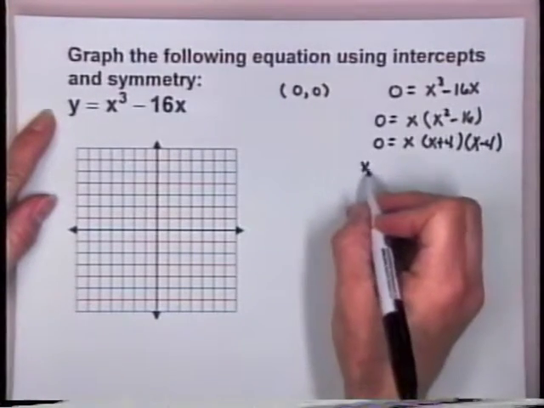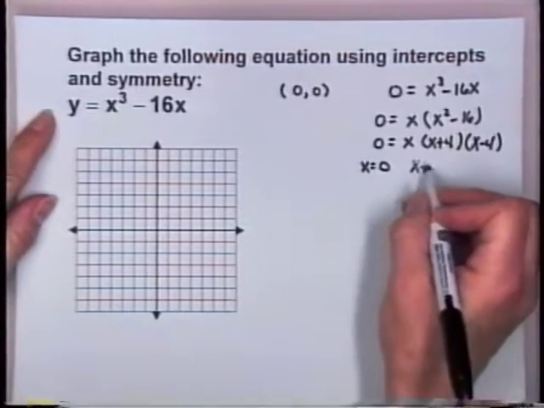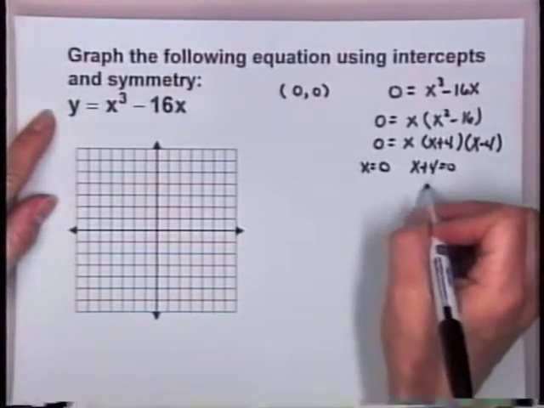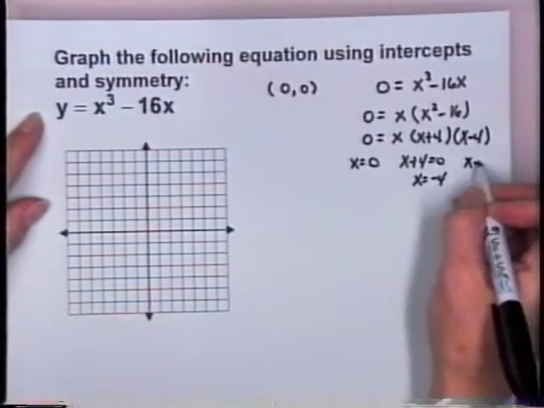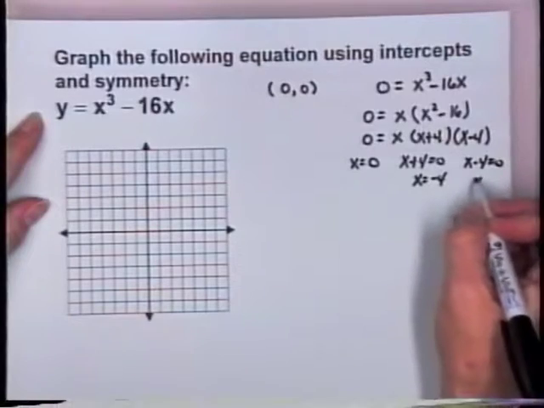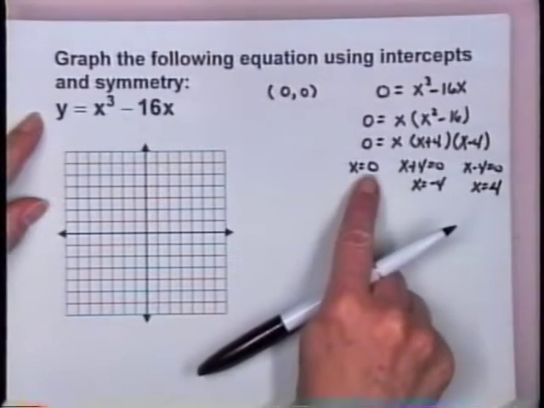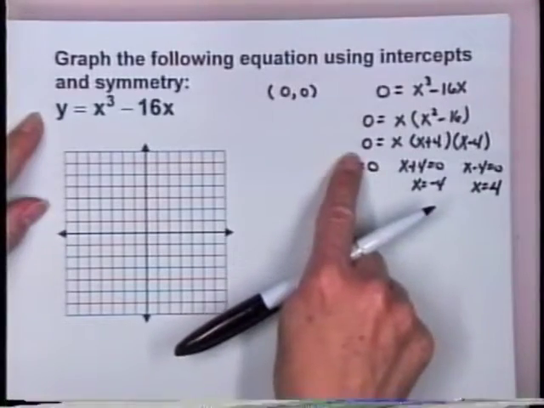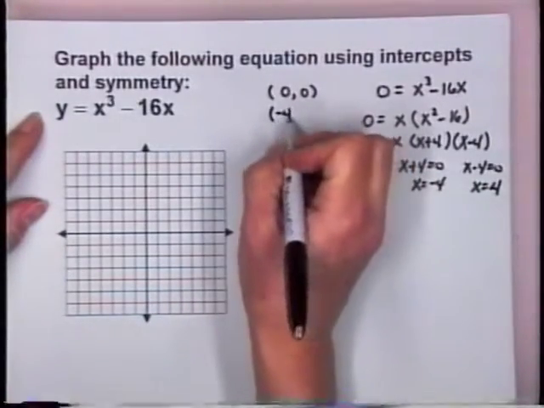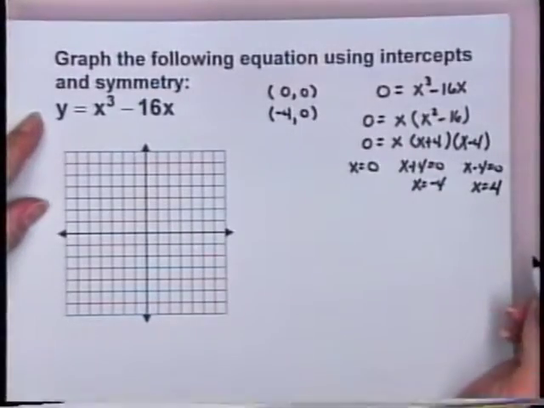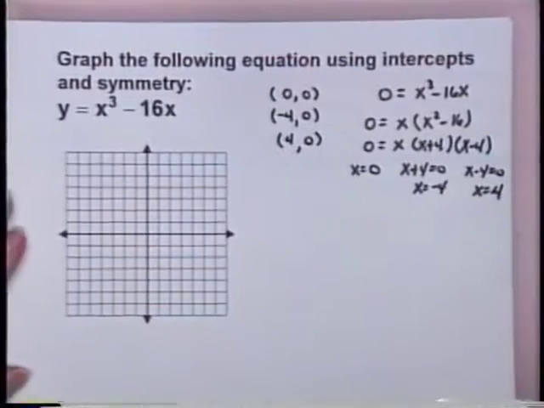Now, if I set each of these factors equal to 0, x is 0. X plus 4 equals 0 gives me x equals negative 4. And x minus 4 equals 0 gives me x equals plus 4. So if x is 0, y is 0, we've already listed that point. If x is negative 4, y is 0. And if x is positive 4, y is 0.